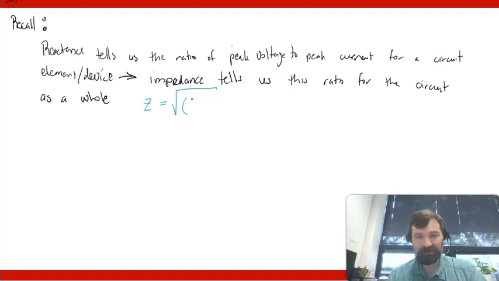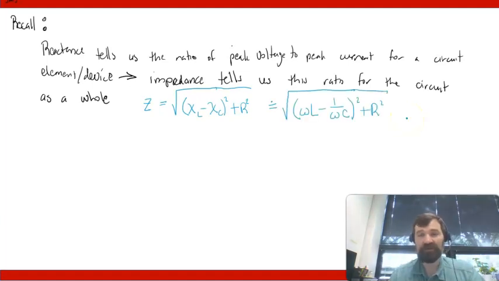This impedance, of course, is just the square of the difference between the inductive and capacitive reactances plus the square of the resistance, and then square rooted, or in other words, it is the square root of (omega L minus 1 over omega C) quantity squared plus R squared. And again, this ratio that we're talking about here is the peak voltage divided by the peak current. So that's the first thing that we need to recall.